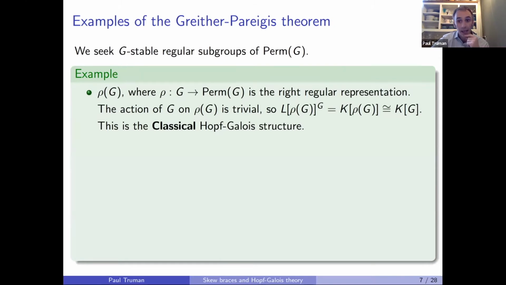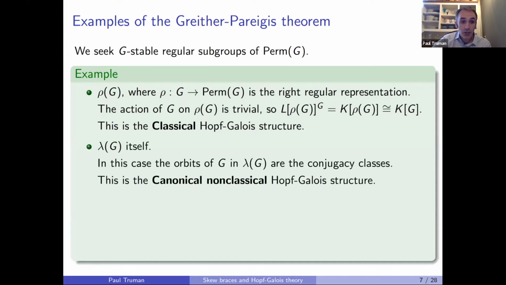So I get K[rho(G)], and I said this comes packaged with a sort of prescribed action, and if you chase through that action, it's just the classical Galois action. And so this is the classical Hopf-Galois structure. This is the Hopf-Galois structure you get from normal Galois theory showing up in this Greither-Pareigis classification.